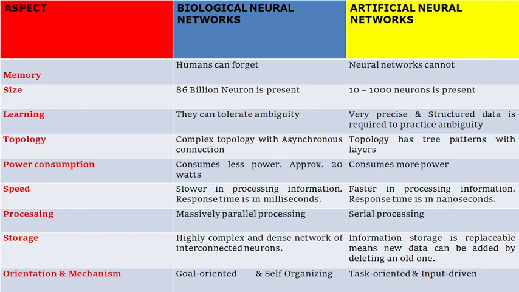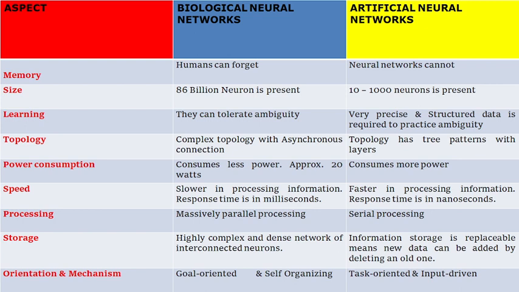Regarding power consumption, biological neural networks consume less power, approximately 20 watts, whereas artificial neural networks consume more power. Regarding speed, biological neural networks are slower in processing information, with response time in milliseconds, whereas artificial neural networks are faster in processing information, with response time in nanoseconds.